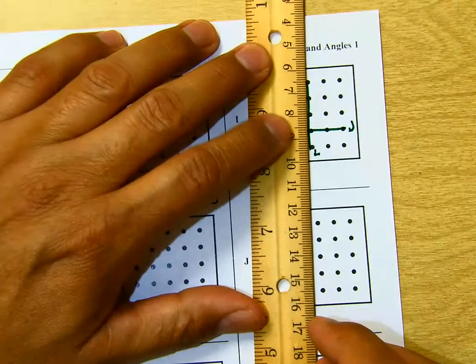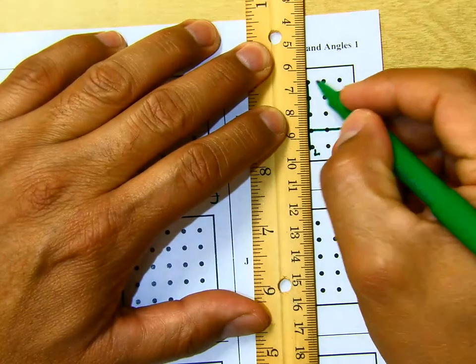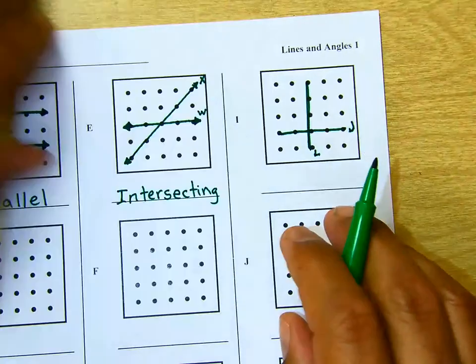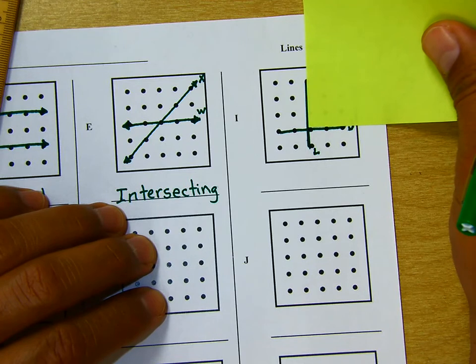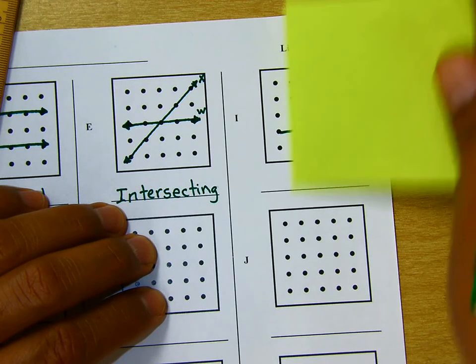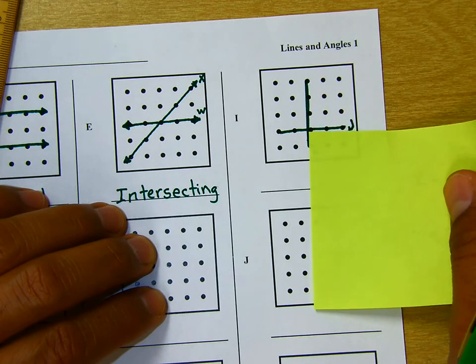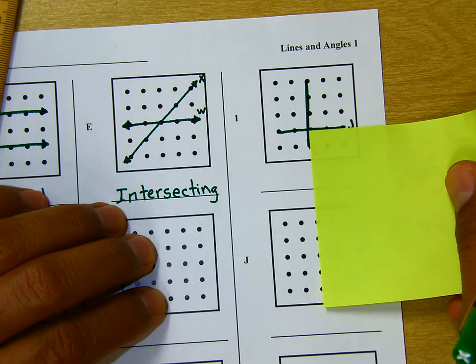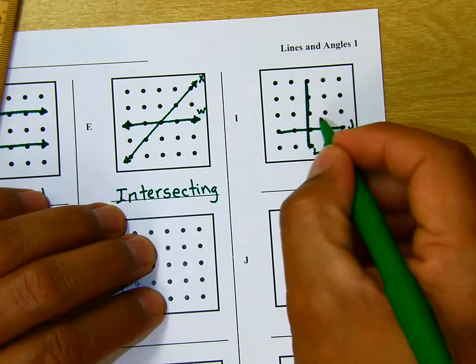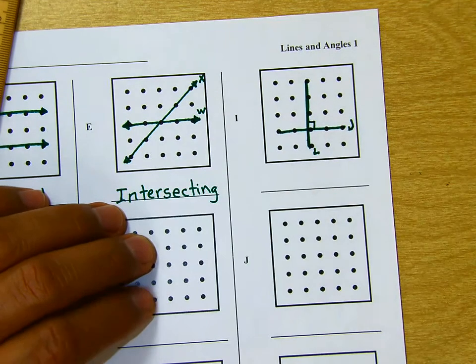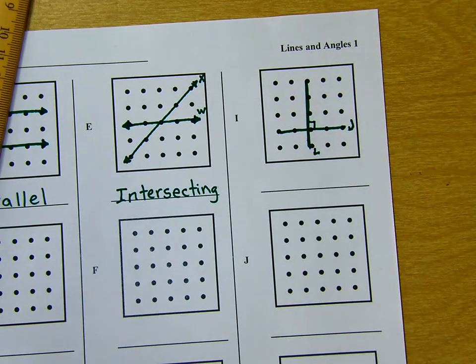I'm going to try to make this line a little bit more straight. If we take our sticky note, it'll fit perfect right there. So that's a right angle, and it'll fit perfect right here. So that's a right angle. These are perpendicular lines because they form right angles. If it forms a right angle, it's a perpendicular line.